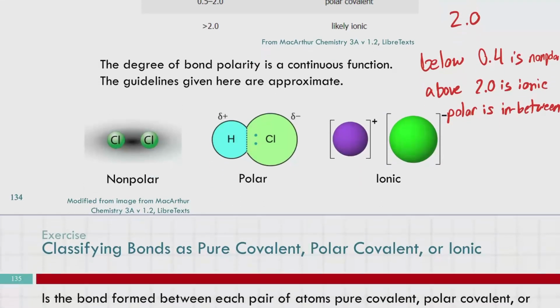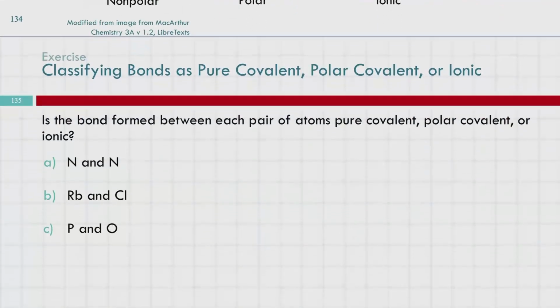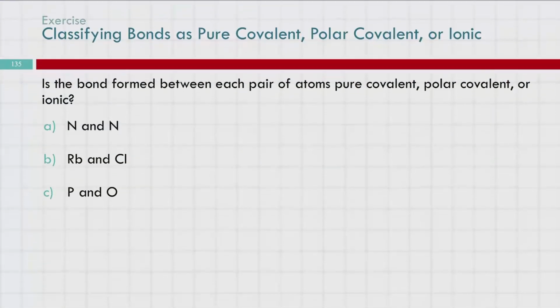All right, using those 0.4 and 2.0 and your yellow sheet, assuming that you have it, please classify these bonds between these pairs of atoms as pure covalent, aka nonpolar, polar covalent, or ionic.